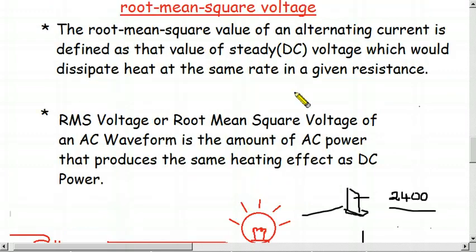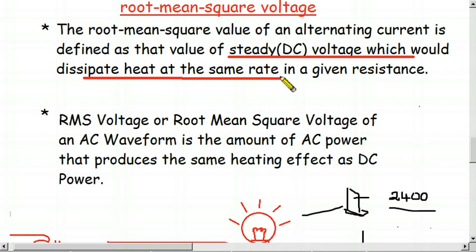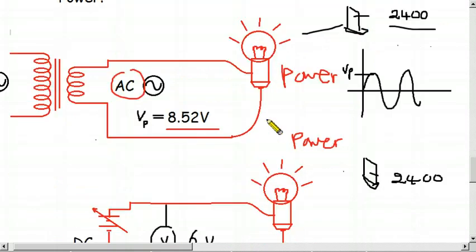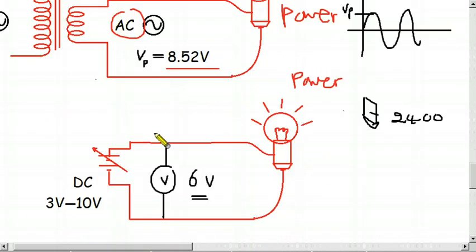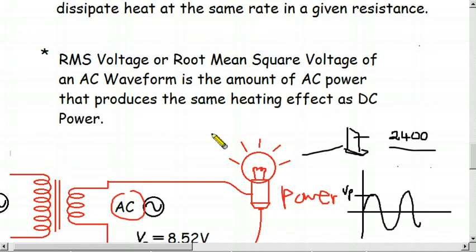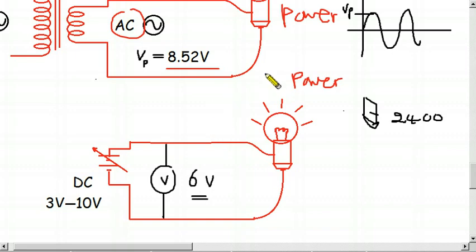So they say in this one, I think, a steady DC voltage which should dissipate heat at the same rate. Same rate means same power. Power must be equal, not the voltage. Voltage is not equal, but the power must be equal, either in this AC case or in this DC case. So that the power is equal, you can measure a DC voltage.